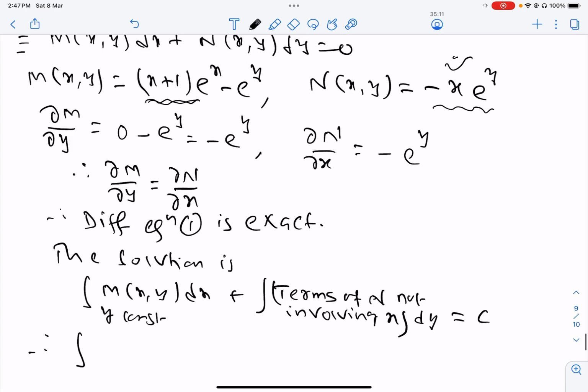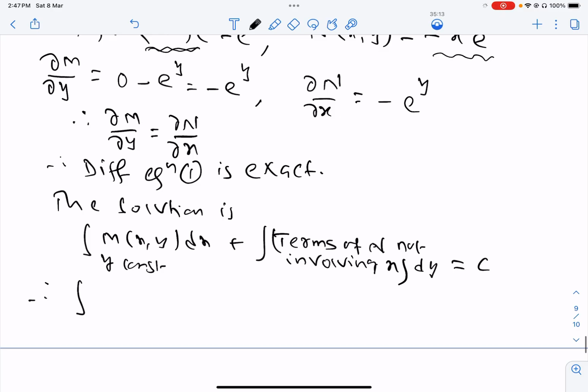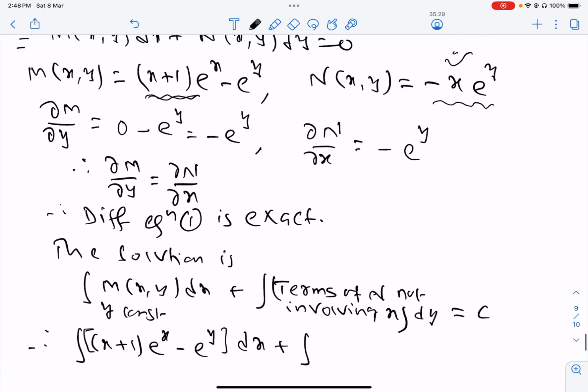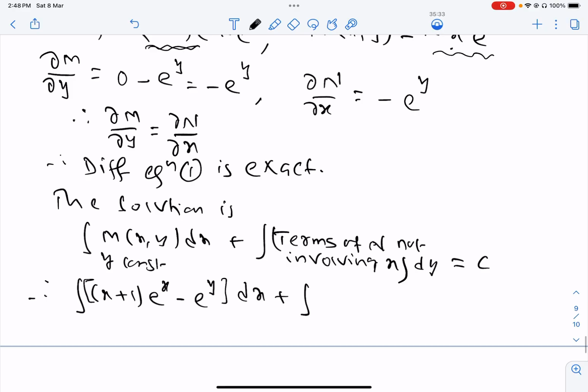So the integration of m is x plus 1 e power x minus e power y dx. Now in n we have only one term, and that term contains x, so we don't have any term in n to be integrated, so 0 equal to c.